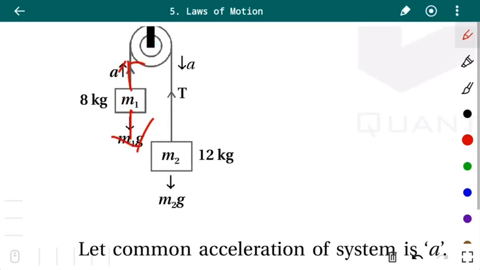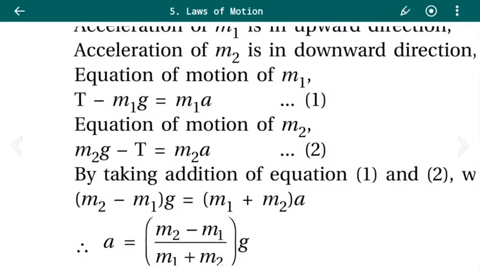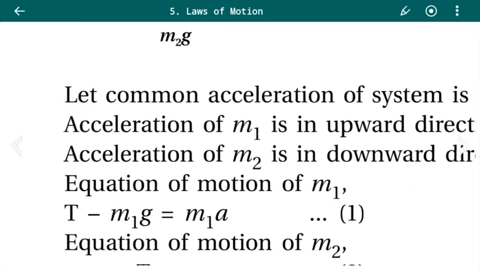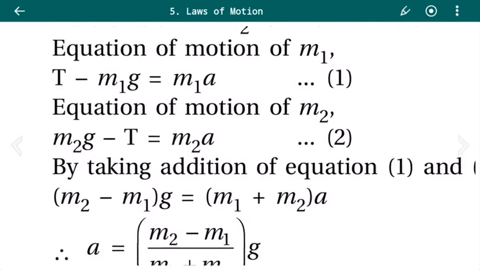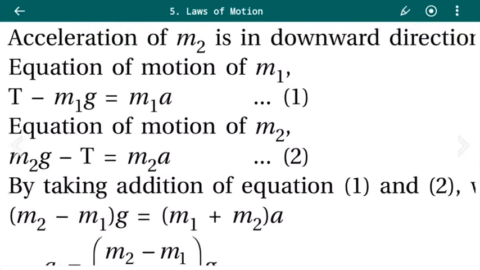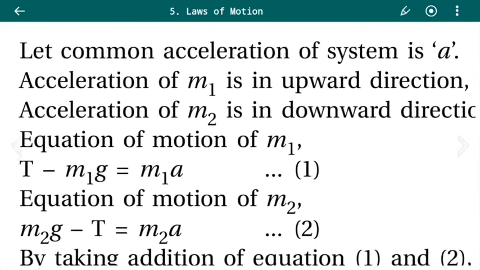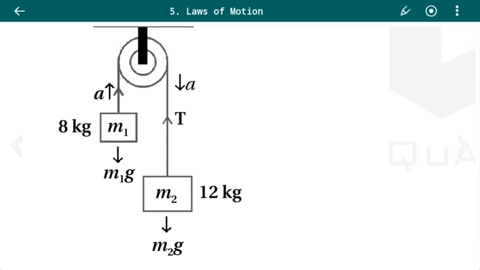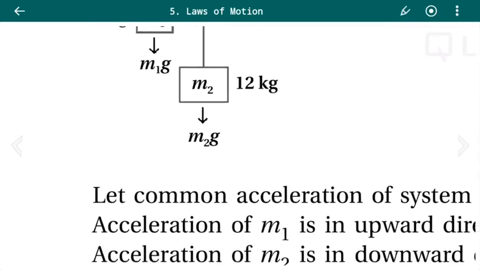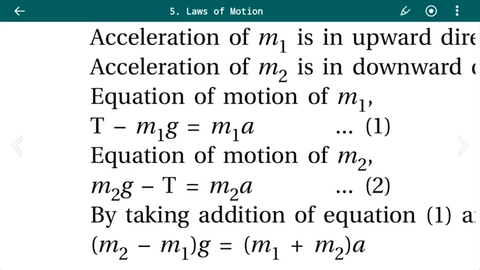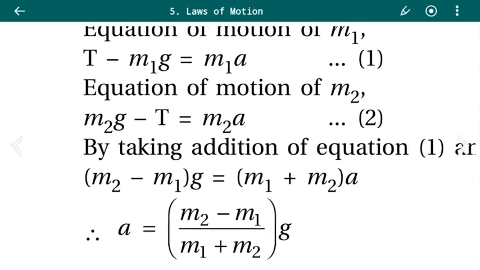So m2g minus T equals m2a, that is the force on the object having mass m2.